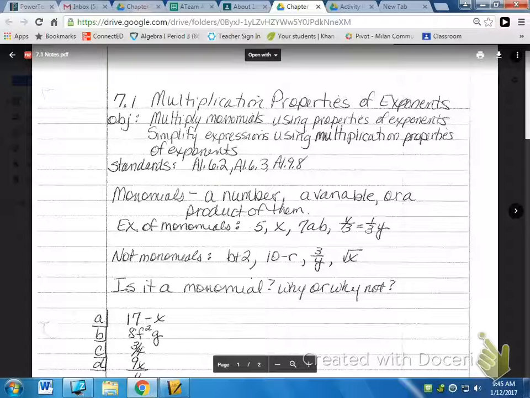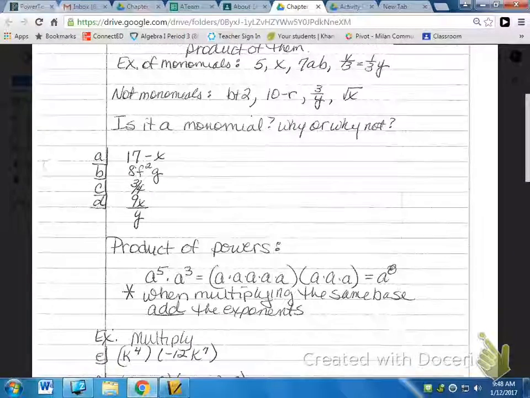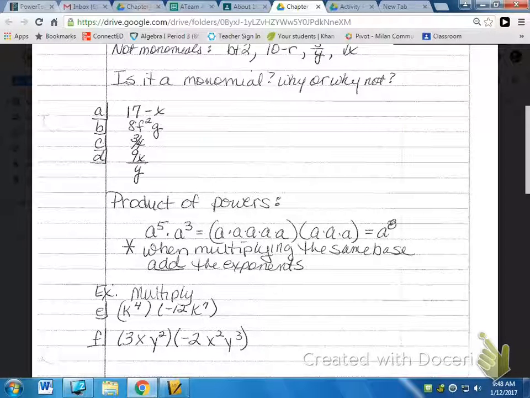So here's what we're going to do. We look at some problems to make sure you know whether it is a monomial or not, and why or why not. The explanation is probably just as important as knowing whether or not. So if I look at these, 17 minus x, do you think that is a monomial?